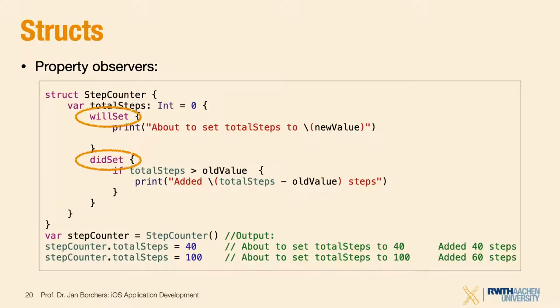So if I create a step counter and then set its total steps to 40, it will output "about to set total steps to 40", then do the actual setting, and then say "added 40 steps", because both willSet and didSet are defined. We change the value, so that happens automatically. That's a very useful feature if you need to observe the change of a value inside a struct.